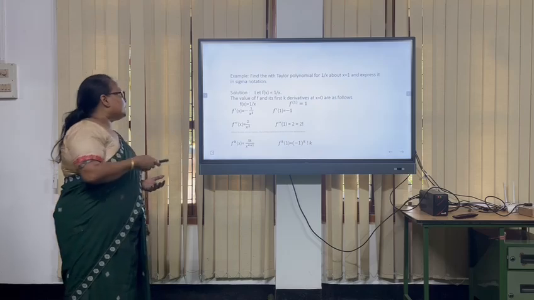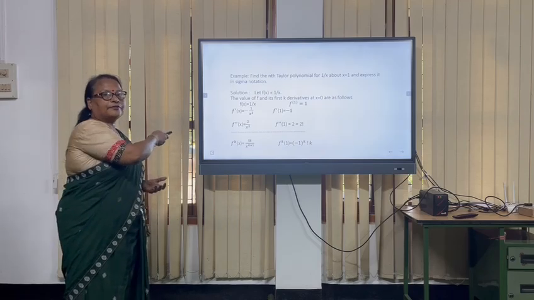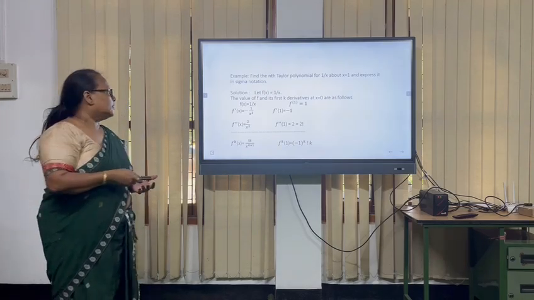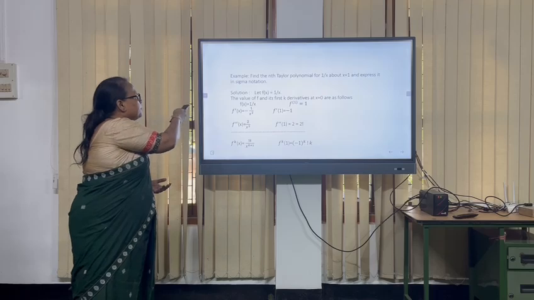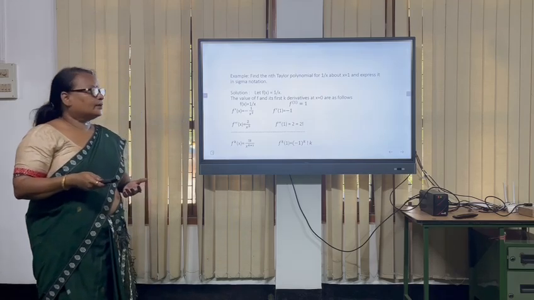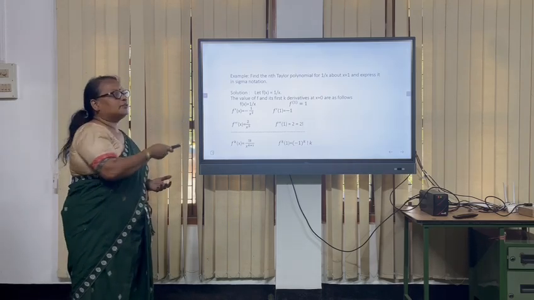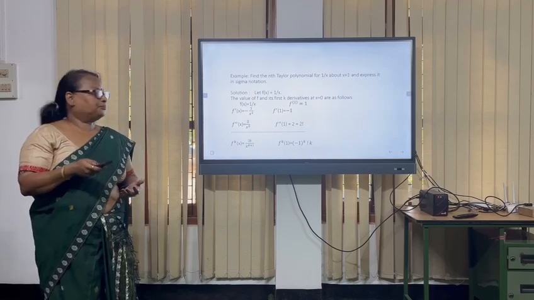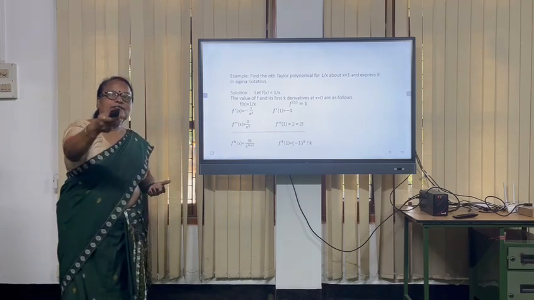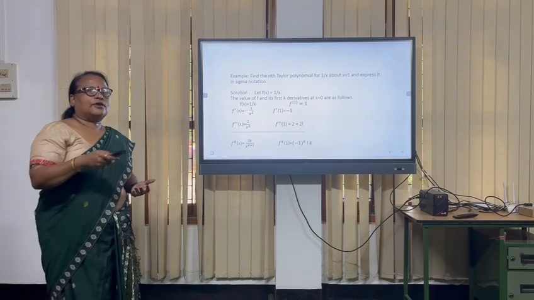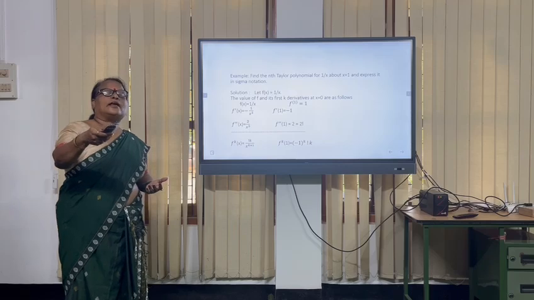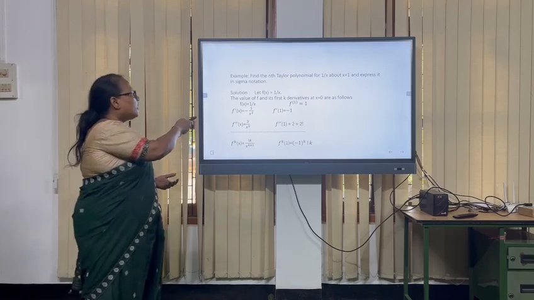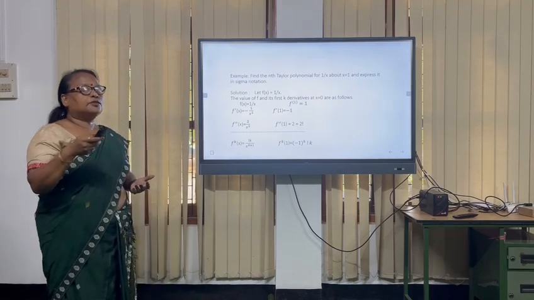Similarly, for the second derivative, you again take the derivative of f dash x, which is 2 divided by x cube. At the point x equal to 1, we are going to find the polynomial about x equal to 1, so f double dash 1 is nothing but 2.